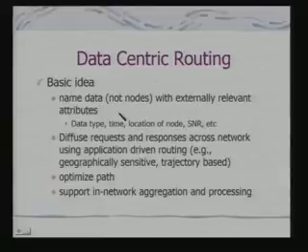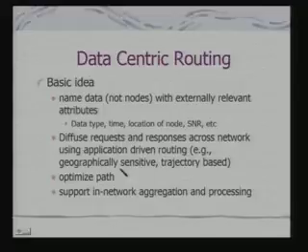So, this phenomenon is different from that of pure address centric routing, where the data is targeted for a node having a specific address. The address need not be an IP address, some form of address. So, what happens here is you diffuse requests and responses across the network using application driven routing.